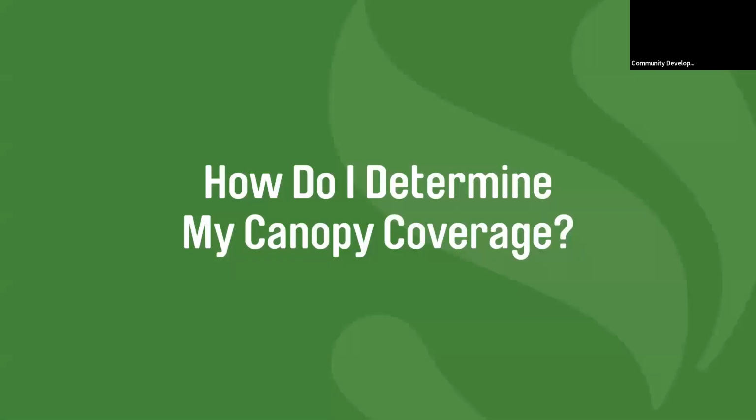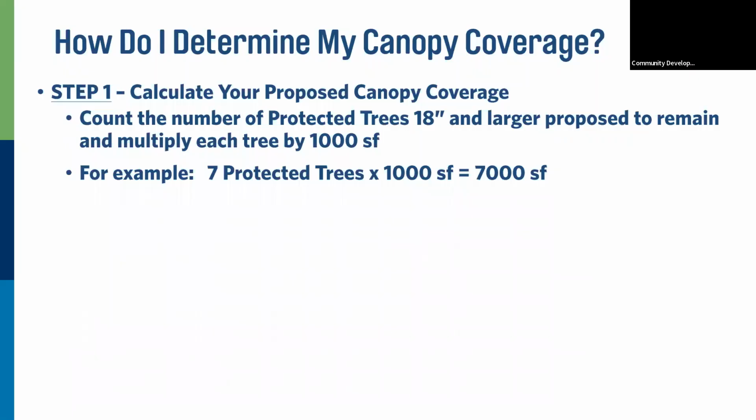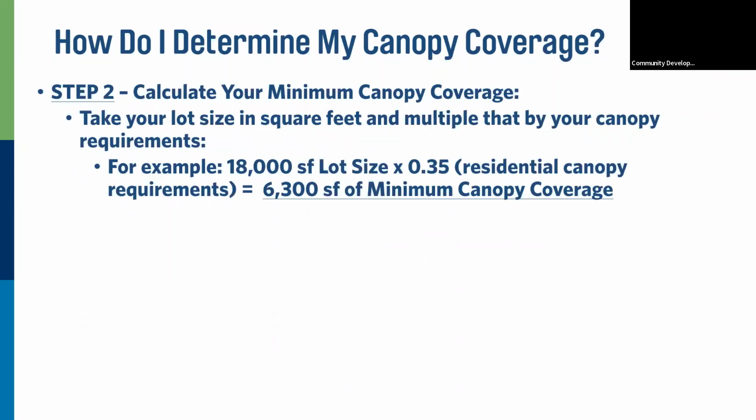How to determine canopy coverage. So each protected tree, which is an 18-inch in diameter or larger tree, counts towards 1,000 square feet for canopy. So you would take your lot size in square feet, which I believe is on the next slide, and multiply that by your requirements.